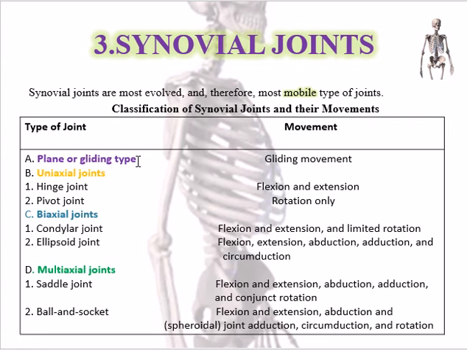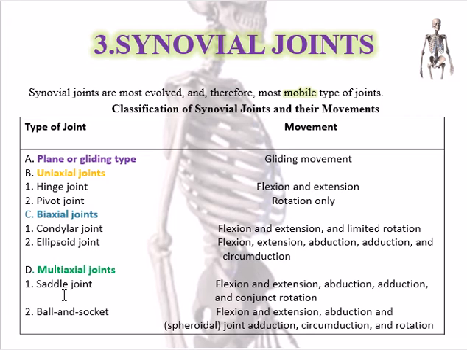Plane or gliding type: gliding movement, uniaxial joint. B include hinge joint, flexion and extension movement, and pivot joint, rotation only. C biaxial joints include condylar joint, movement flexion, extension and limited rotation, and ellipsoid joint, movements include flexion, extension, abduction, adduction and circumduction.